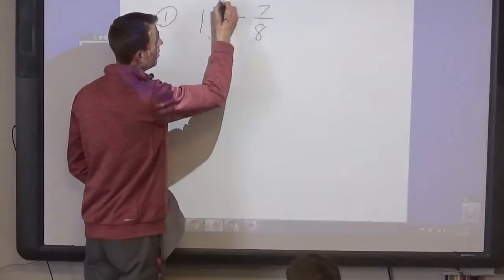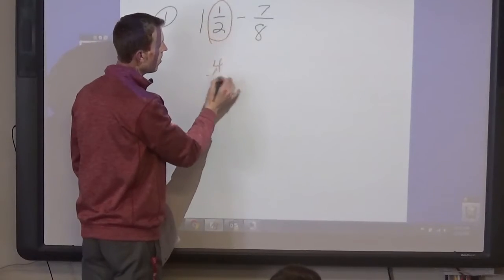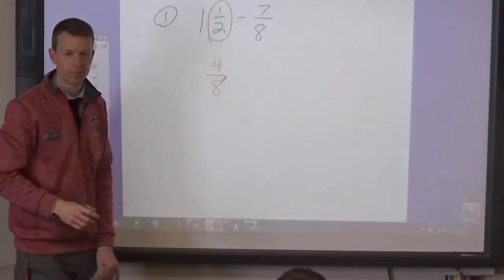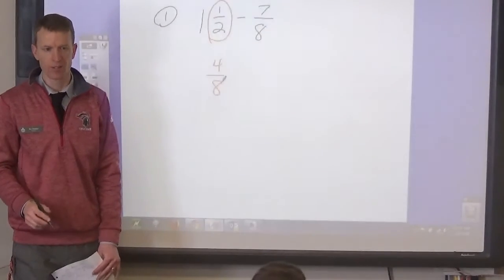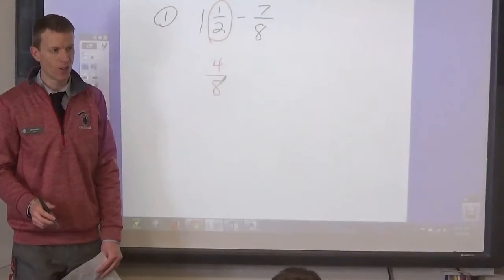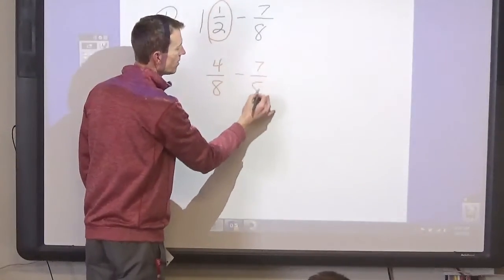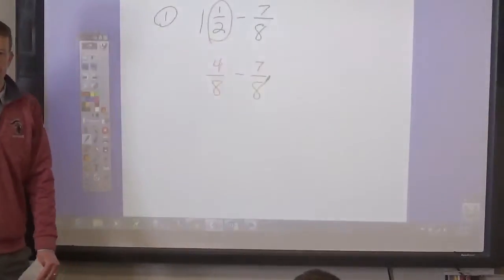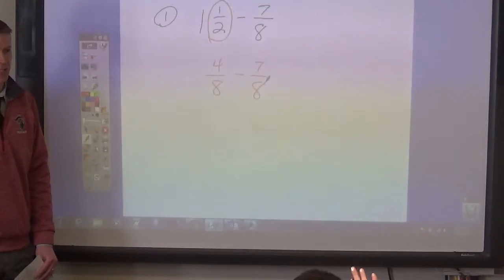So we're going to convert 1/2 to 8ths. That's 4/8, isn't it? Everybody know that 4/8 is 1/2? Right, nod your head if you know that. Good. Now, can we take away 7/8 from 4/8?